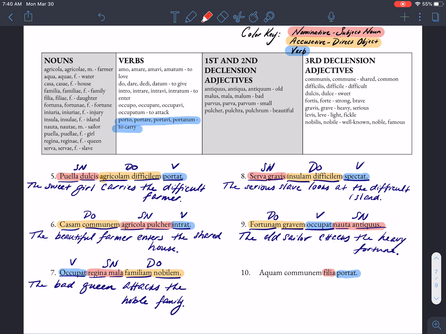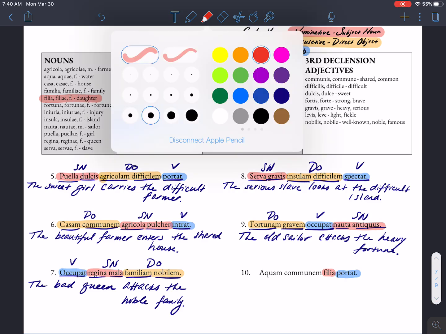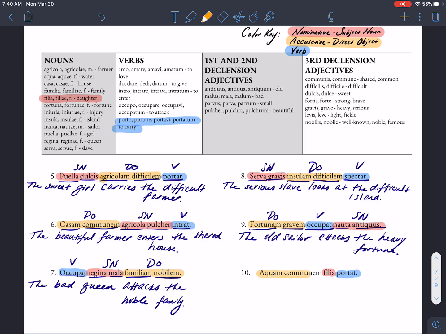There's no word in here that goes with filia, so that's just going to be our noun by itself. Nothing describing her. But we've got aquam communem, we've got aqua, aquae, and communis, commune. So our noun and our adjective pair. So that's our direct object, subject, noun, verb.